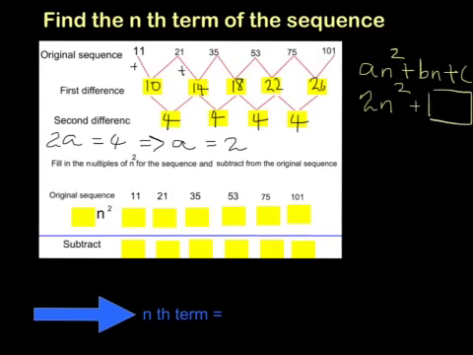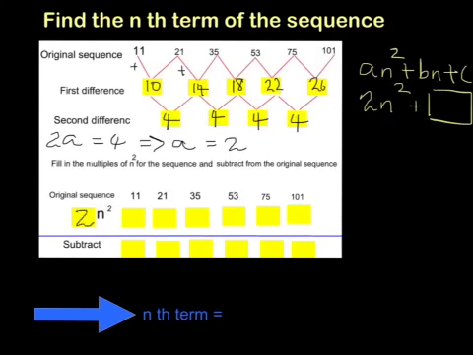In order to do that, we have to fill in the multiples of n squared. The general quadratic sequence is 1, 4, 9, and so on. I'll explain how it's done. We put in 2n squared in this box.